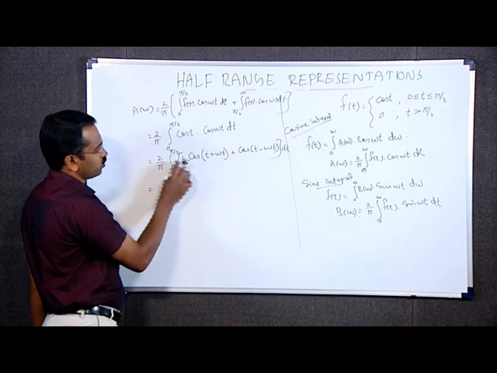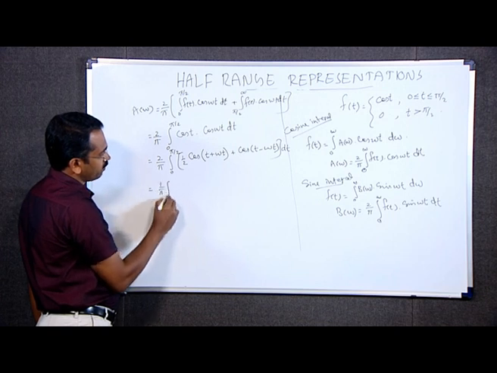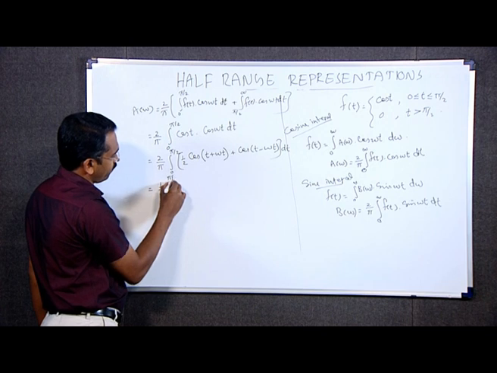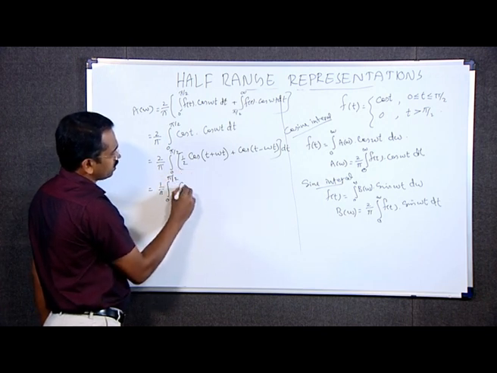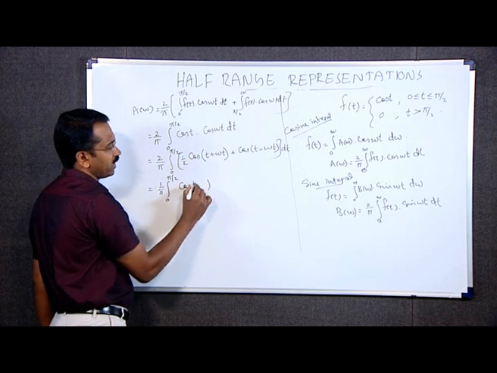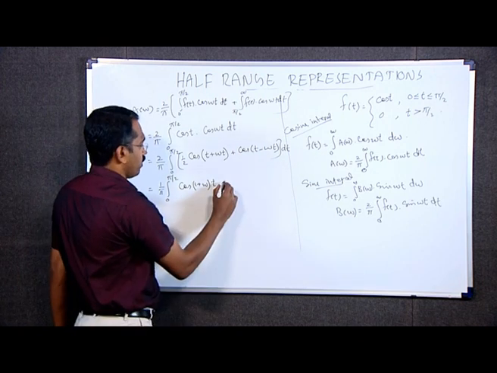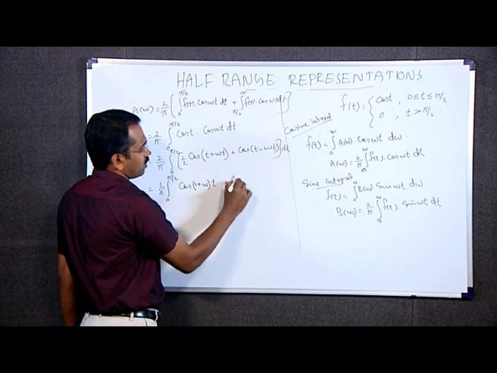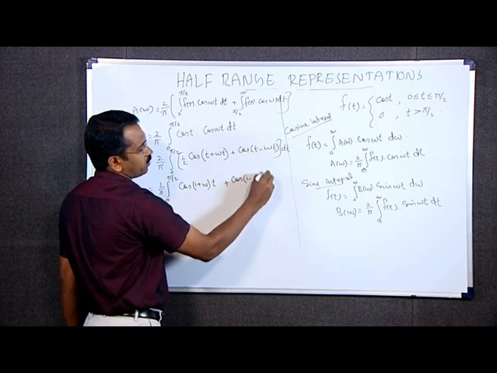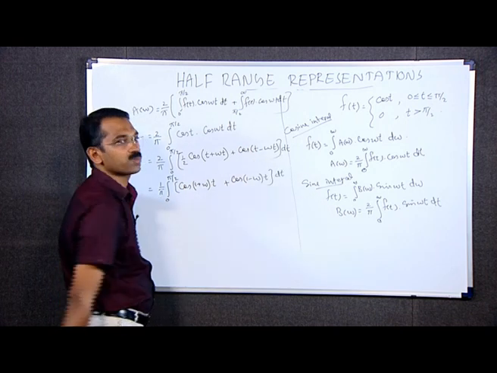Here 2 and 2 cancel. This is equal to 1 by pi into integral from 0 to pi by 2 cos of 1 plus omega into t plus cos of 1 minus omega into t dt, because the integration is with respect to t.